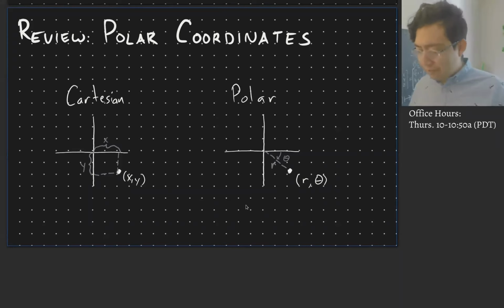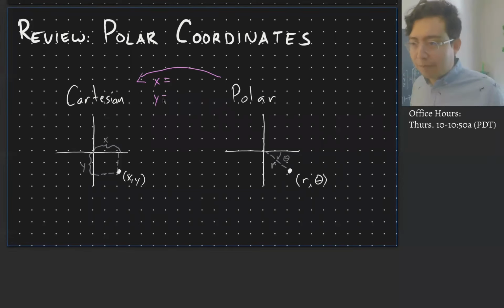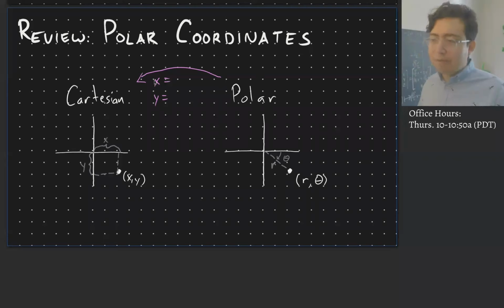The easier direction is if I give you polar coordinates, we can get to Cartesian coordinates. We just need to write x and y in terms of r and theta. So if you give me some r and theta, how do I cook up x and y? You might remember this from whenever you learned about polar coordinates. Does anyone remember these formulas? How do I write x in terms of r and theta?